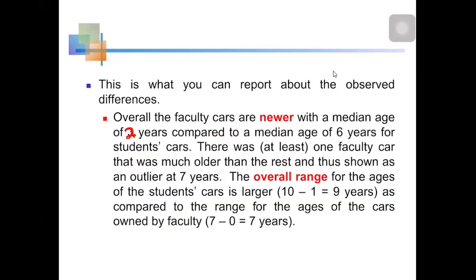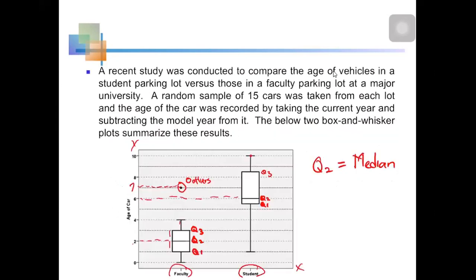The overall range of the age of the students' cars is larger: 10 minus 1. Sorry, it's students. Students' cars here are 10 minus 1, and the faculty is 7 minus 0.